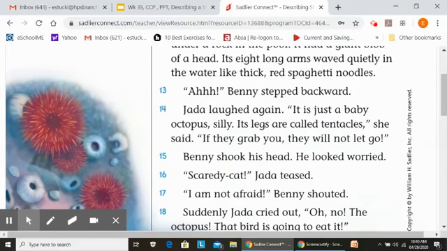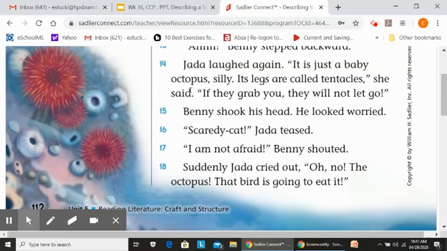It is just a baby octopus, silly. Its legs are called tentacles, she said. If they grab you, they will not let go. Benny shook his head. He looked worried. Scaredy cat, Jada teased. I'm not afraid, Benny shouted. Suddenly, Jada cried out, Oh no! The octopus! That bird is going to eat it!